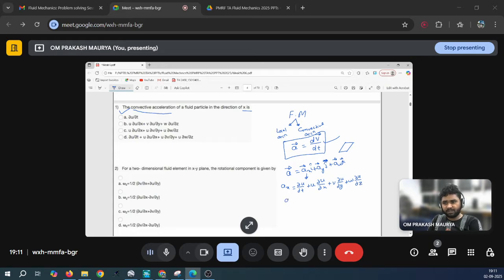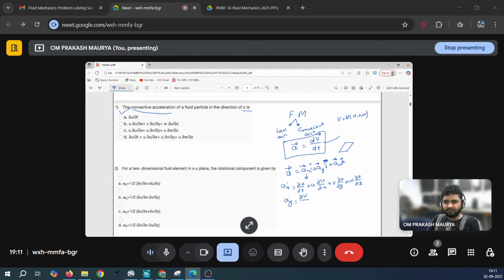Similarly for ay, what will change here? In place of u, the v component will come, because your velocity has three components, u, v, w, because it is three-dimensional velocity. So we are discussing three-dimensional acceleration.